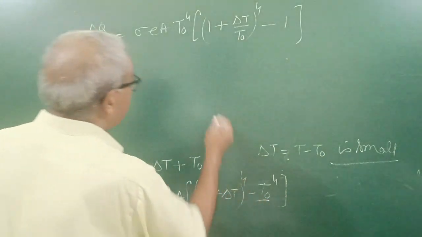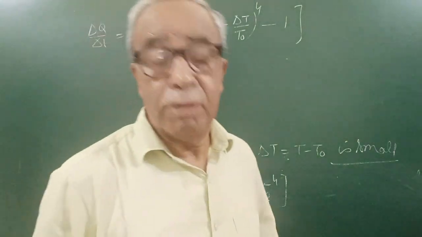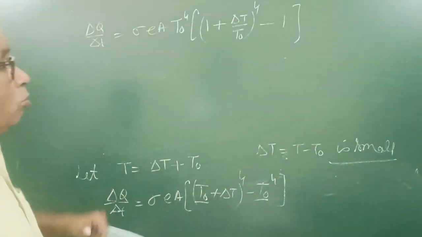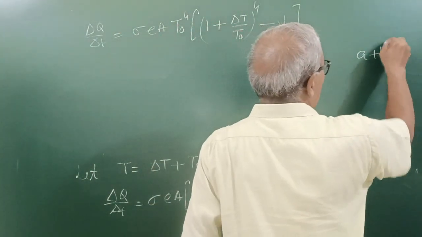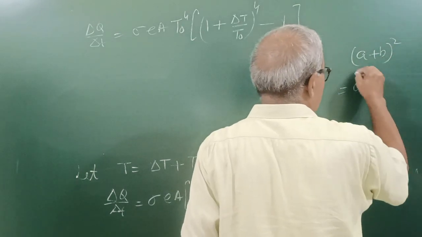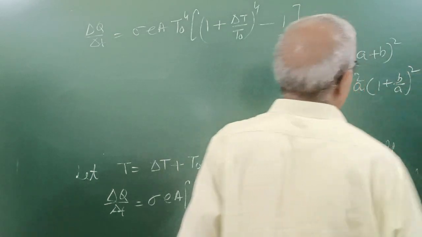T0 to the power 4 has been taken out. Here students face a puzzle about how it is possible. It is like if (A plus B) whole square is there, you can take A outside, so it will be A squared times (1 plus B upon A) whole square.